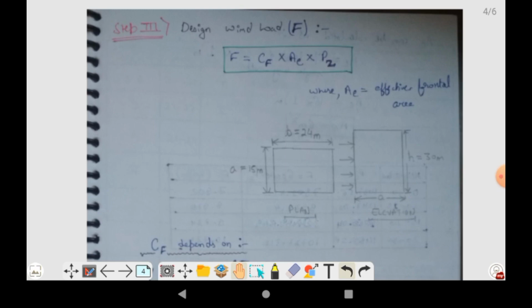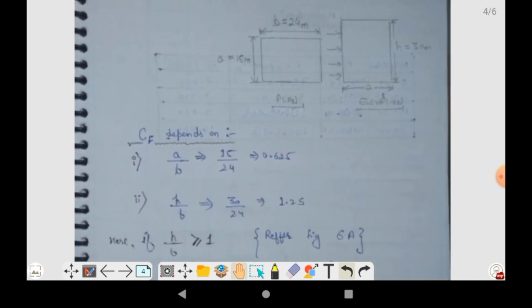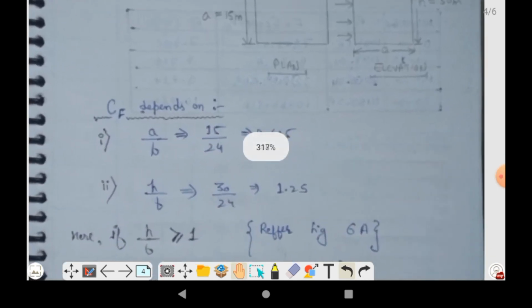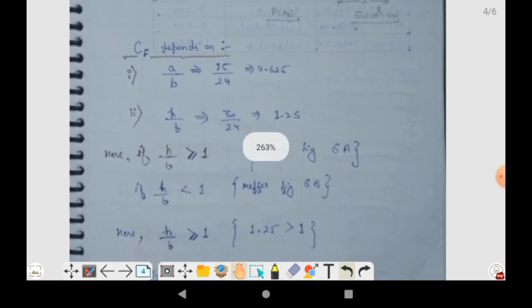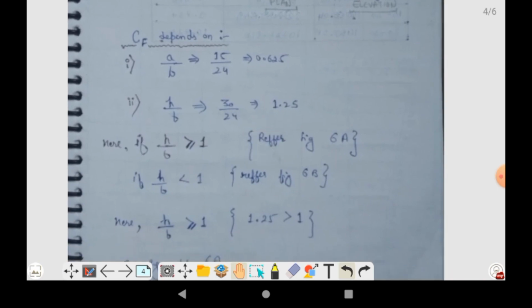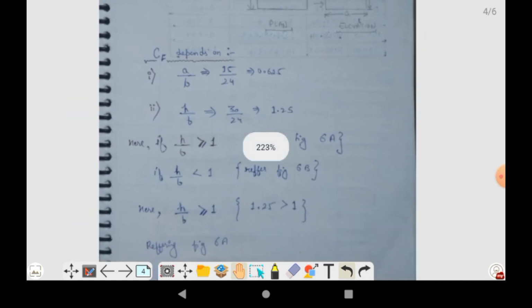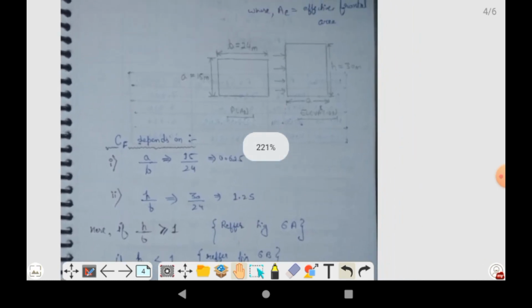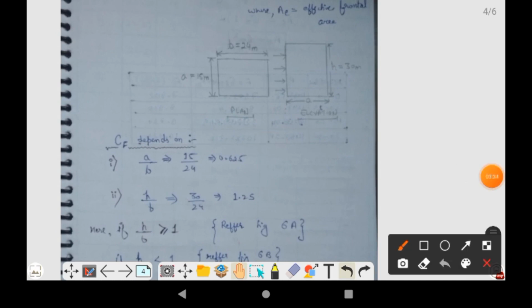To find this, the first step is to find the value of CF. Here you can see that the value of CF depends upon the ratio of A upon B and H upon B. So now what we are going to do is make a plan and an elevation of the building again.